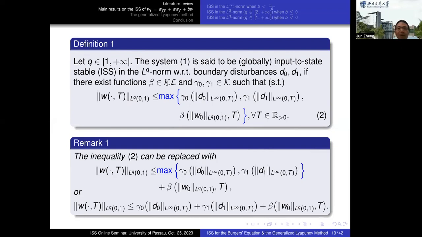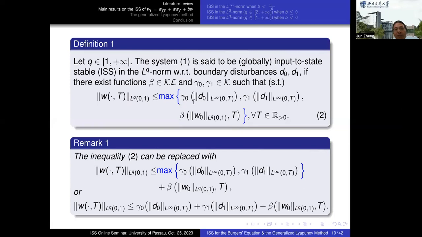Here, the classes KL and K are defined in the standard way. An important characteristic of a function in KL is that it is increasing with respect to its first variable, and it is decreasing with respect to its second variable and tends to 0 when t tends to infinity.